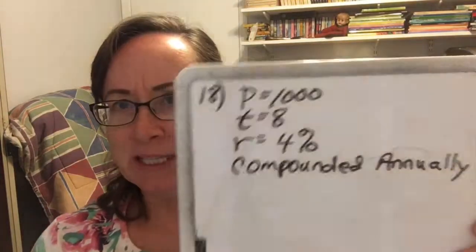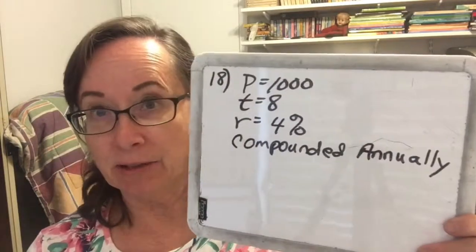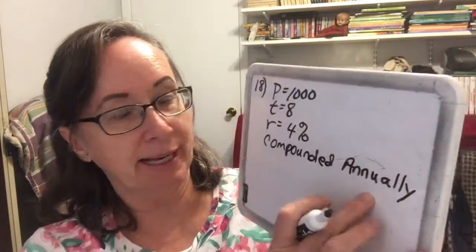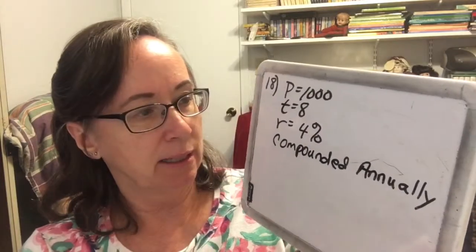All right, so we're going to finish up this video with 3 more problems. This one is another one of the compounded annually problems. So this one is compounded annually, which means 1 time a year, which means n is going to be 1.